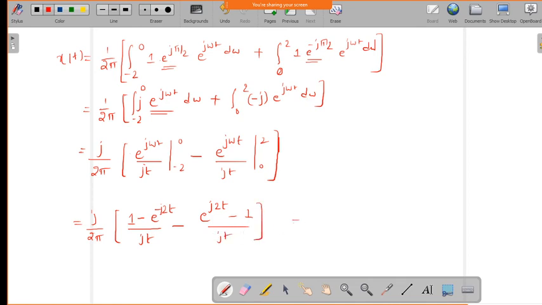So jt you can take common, so j by 2 pi into jt. Minus 1 and plus 1 will cancel each other, so you will get e power minus j2t minus, and if you put the bracket here, with the minus, this will become plus.